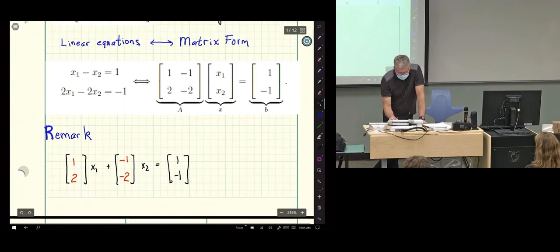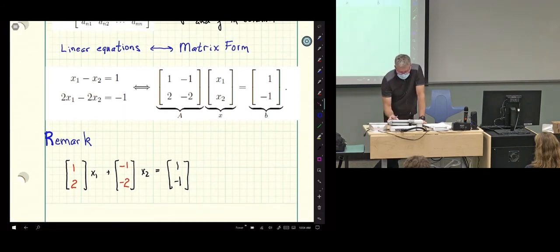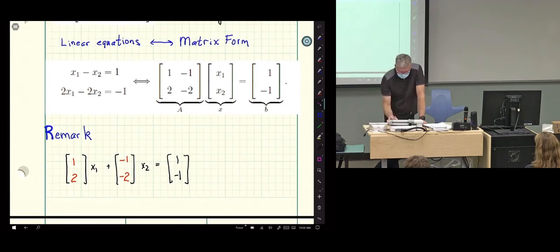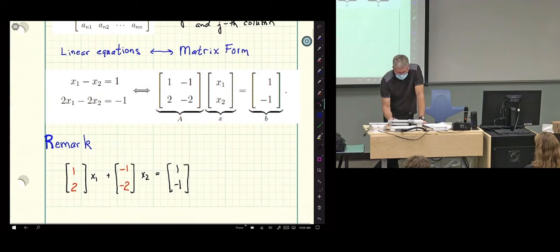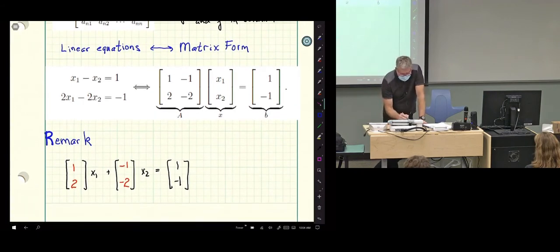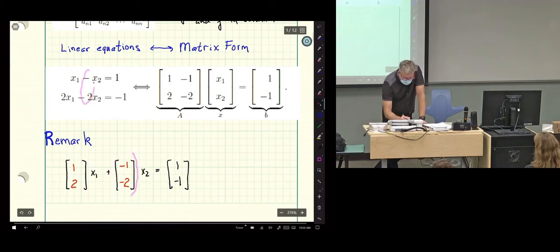Now another way to think about it, this is not something we did in lecture. So this is new material, so it's not really review, but it's an alternative way for you to think about building up the matrix. You can take your unknowns, x1 and x2, and then write down in a column vector the coefficients multiplying x1, and then write down in a column vector the coefficients multiplying x2.